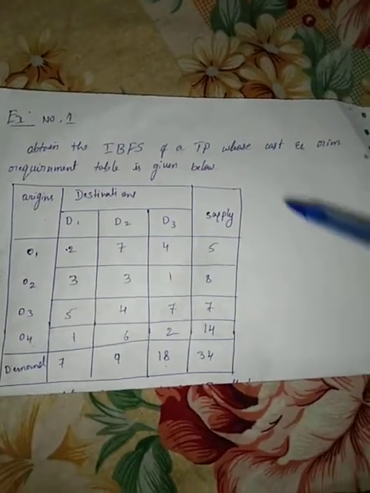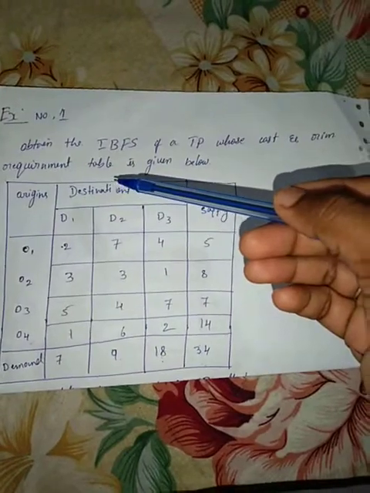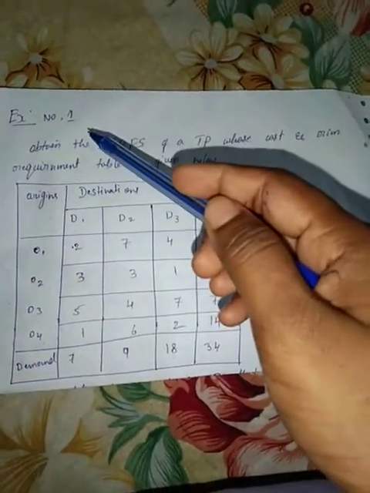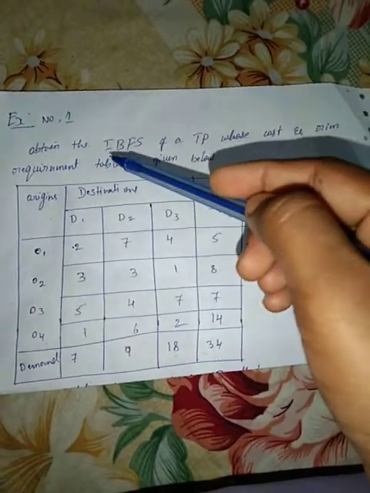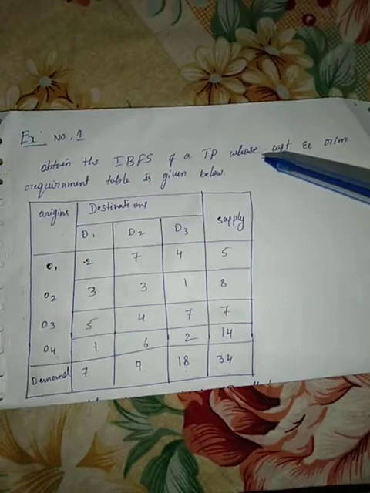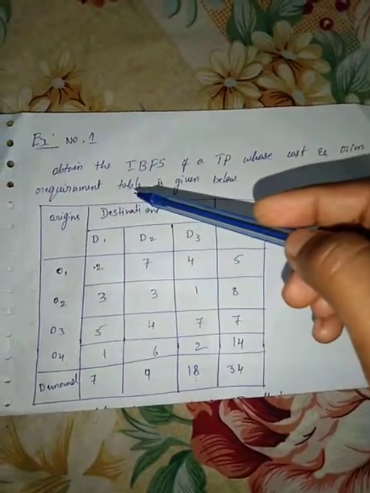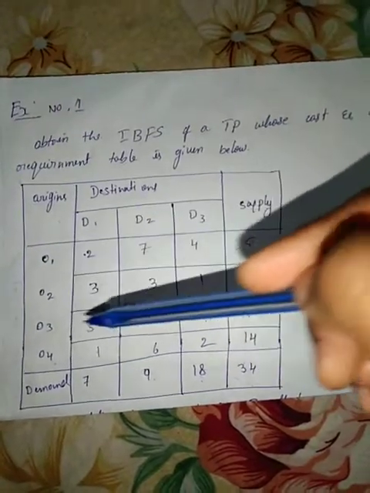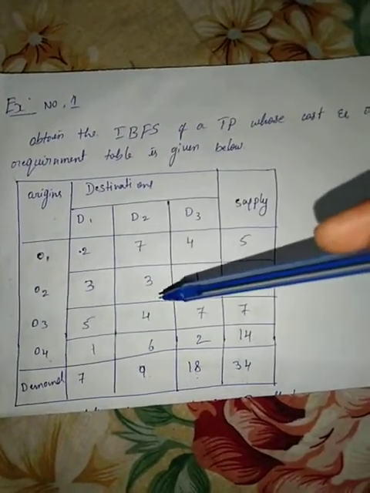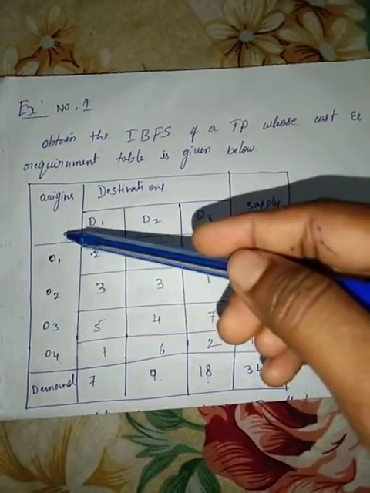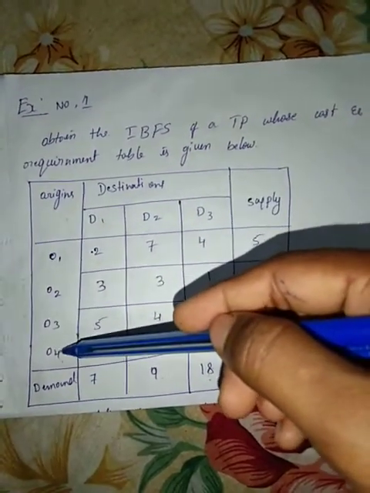Here I write one example to solve. Example number 1: obtain the initial basic feasible solution of a transportation problem whose cost and rim requirement table is given below. In this transportation problem, there are 3 destinations and 4 sources or origins.